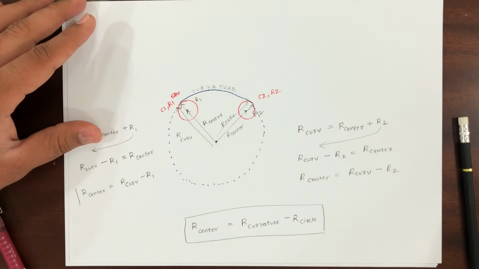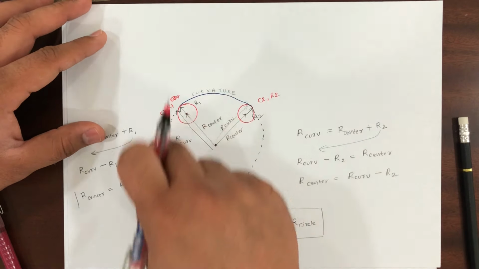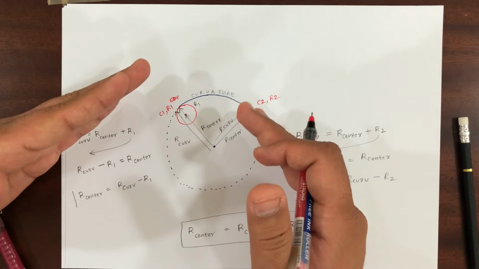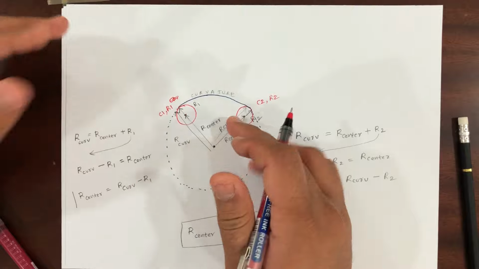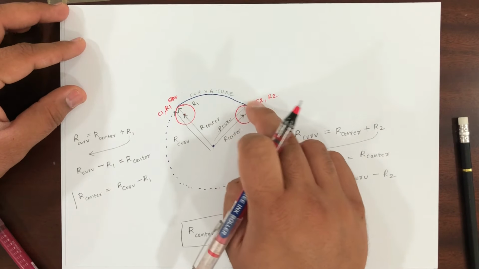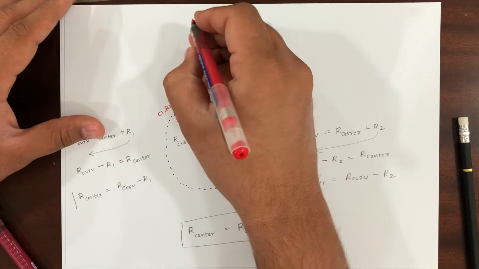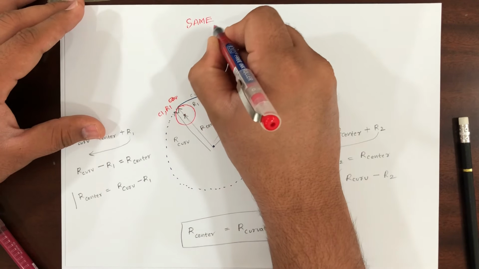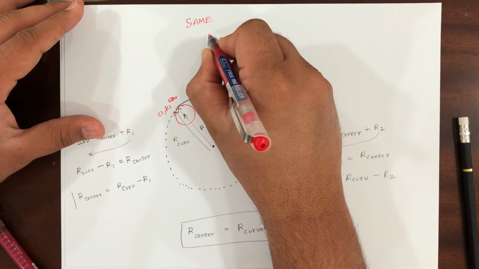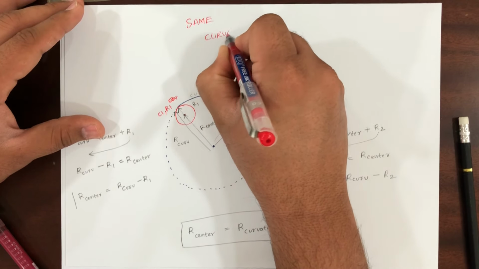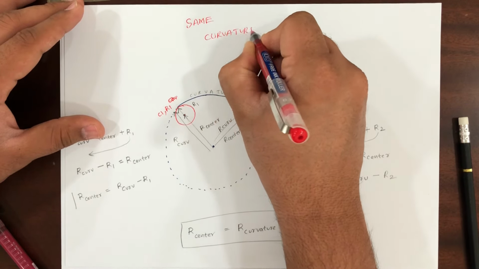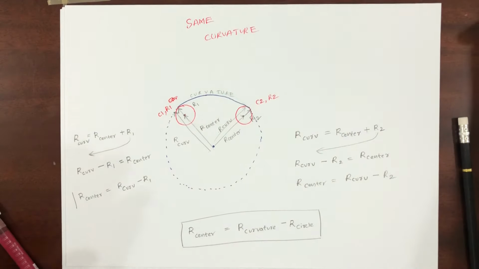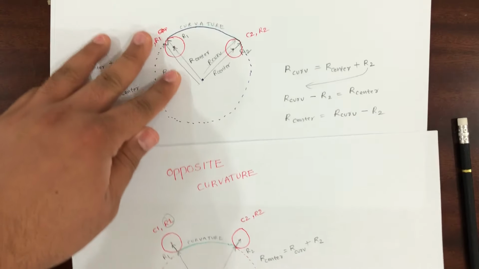So what is the name of this curvature? See, now these two circles lie inside, on the same side of this curvature, that is, this curvature and this curvature are the same. That's why this is known as same curvature. Okay, same curvature. So you can see the difference between the two.